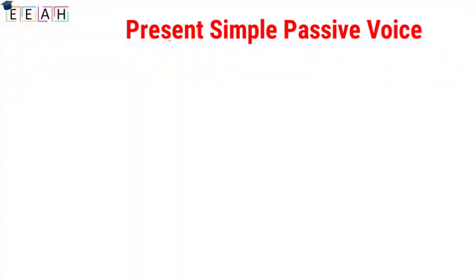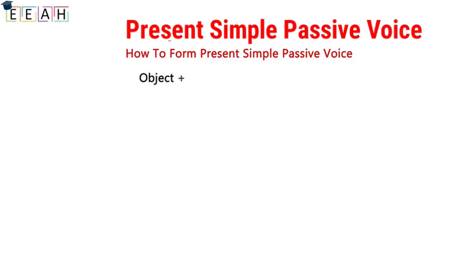Let's have a look at today's keywords and phrases. We learned how to form present simple passive voice. Here is the rule. You start a sentence with the object, then you add am, is, are, then the past participle form of the verb follows. If you want to mention the person, then you need to say by, then the agent comes.